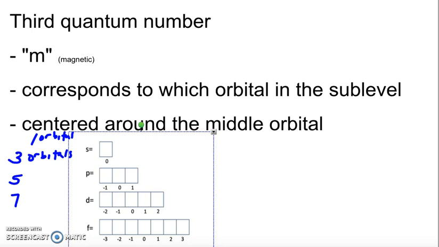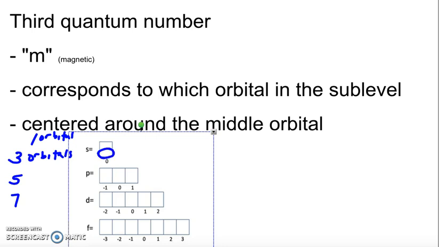Depending on which orbital the electron is in, there's a code number. The code number is centered around the middle box, like a number line out to the right and to the left. Any electron in the s sublevel has only one box, so it has the code number 0.